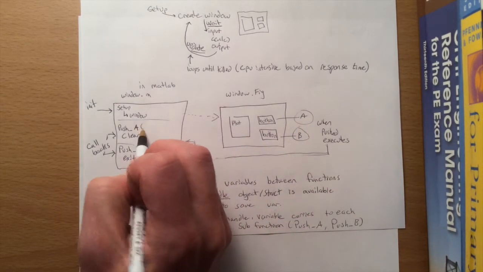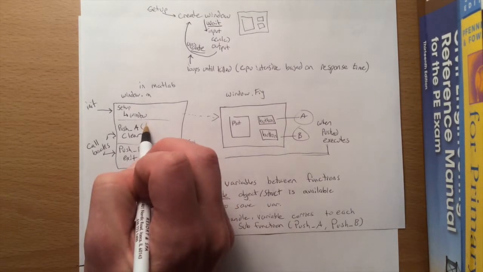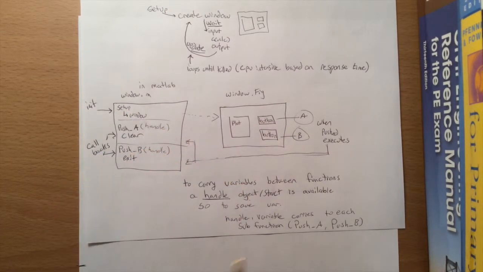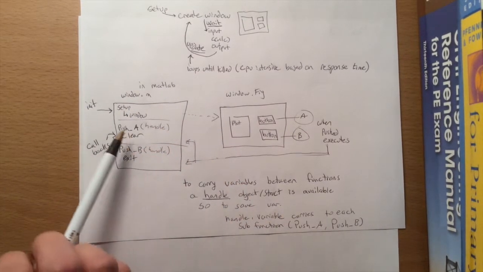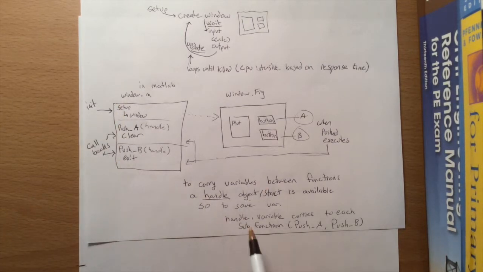So each one of these functions here will have a handle fed into it, and the handle is created up here in the setup window. To save variables and pass them between functions, between the setup and when buttons are pushed, you just save the variable as handle.variable and you put it into that structure of the handle. And then this carries each variable to the subfunctions, either push A or push B.